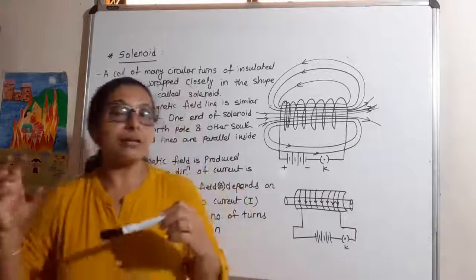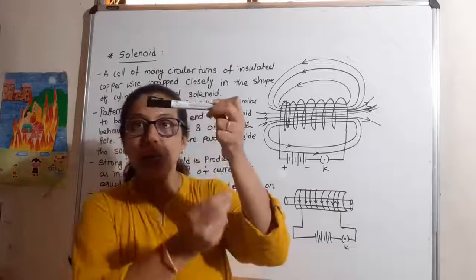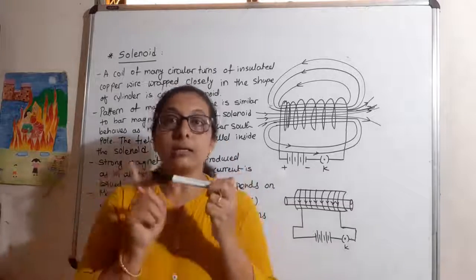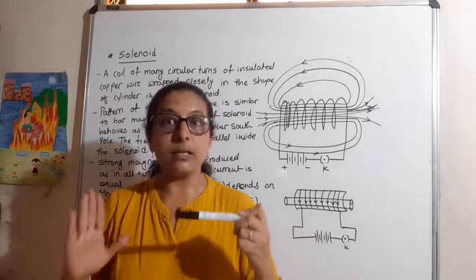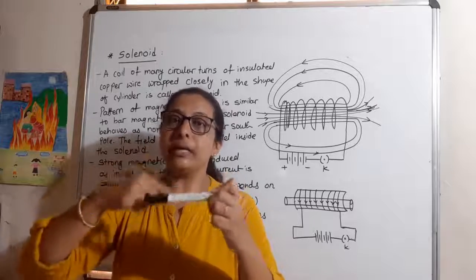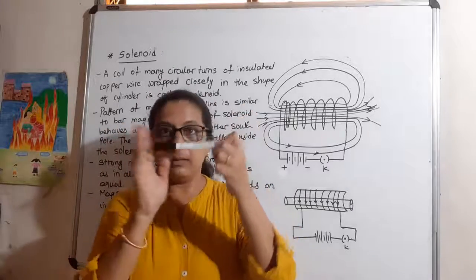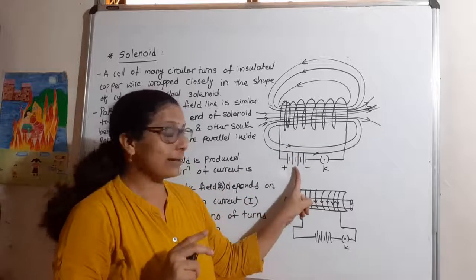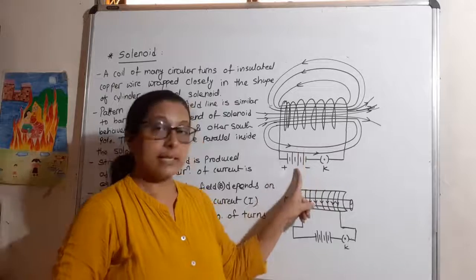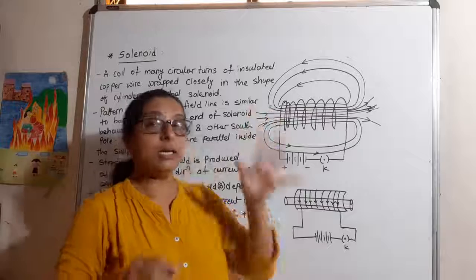So you take an insulated long wire, fix one end over here, and wound the other end around this cylinder. This is an iron cylinder or any other metallic cylinder, and you wound the wire over it, and the other end is over here. These two ends are connected to the source of electricity, whether it is a battery or cell, and key. So this whole construction is called a solenoid.